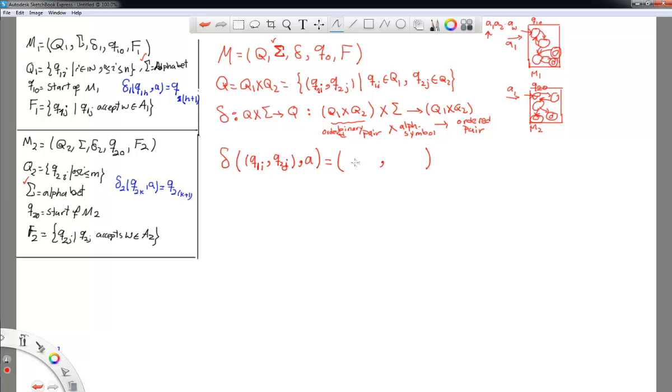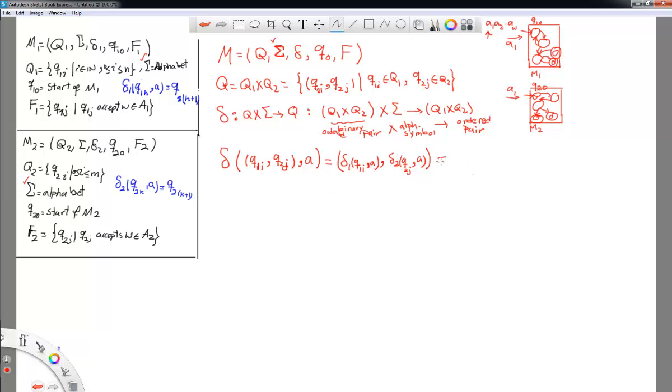Each of these is going to be the transition of each one of my original transition tables. So this is going to be delta sub 1 of Q1I and A, comma, delta sub 2 of Q2J and A. And see, from my transition tables for each of these, I already have the transition table of my combination.